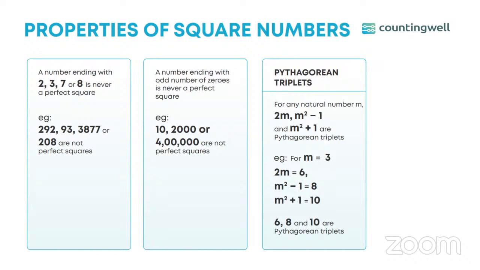We know 3 square is 9, that's why 9 minus 1 will get the value 8. Similarly, m square plus 1, if we calculate, we'll get 3 square plus 1, which is 9 plus 1, that is equal to 10. So we have 6, 8 and 10 as Pythagorean triplets. So these are some of the properties of square numbers.